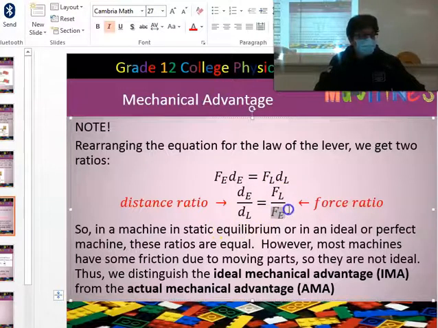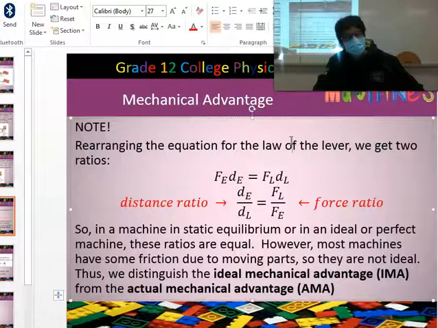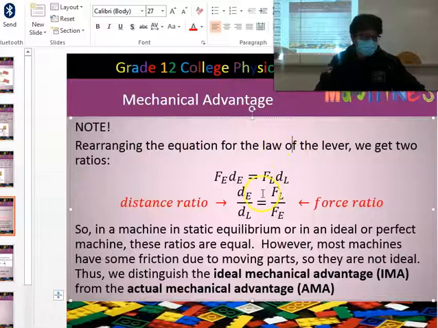But the force ratio isn't always perfect because in any simple machine or complex machine, there's always going to be frictional forces that will remove some of that energy. So not only are you trying to use a simple machine to lift something, but you're also trying to overcome those slightly additional frictional forces that are present in your simple machine, and they'll always be present.